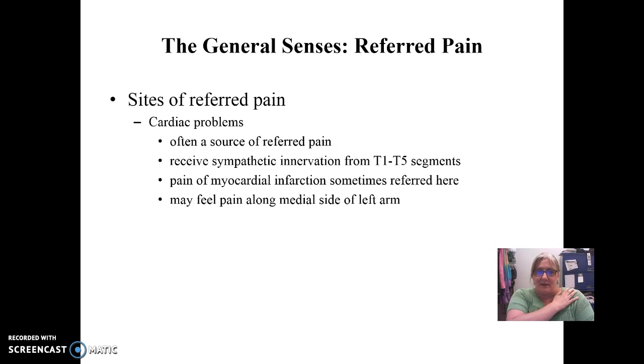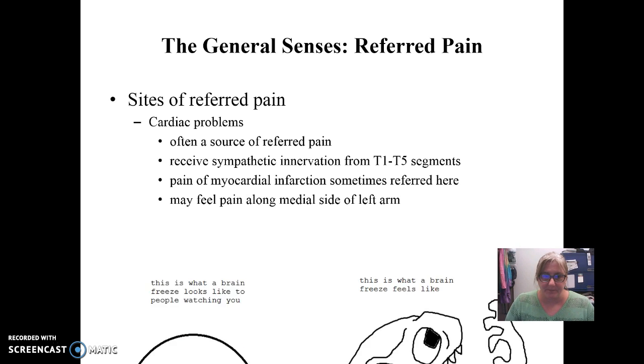But the pain is running down the left arm, up into the jaw, and on the neck. And that's because, again, the neurons that actually innervate the heart and the neurons that send signals to the arm are in that same nerve, and so the pain is being referred to the arm from the heart.